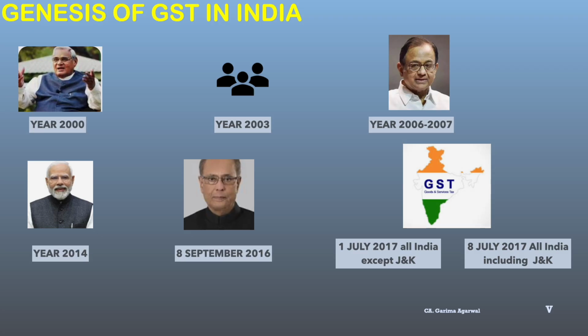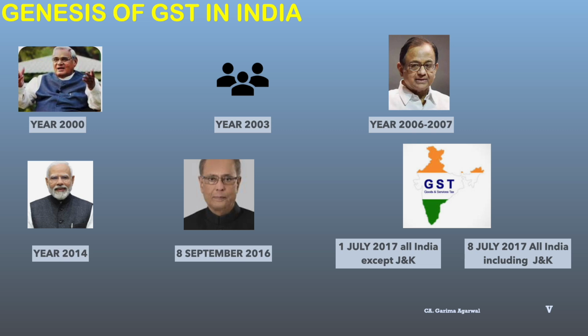So what do you mean by fully integrated GST on a national basis? Basically, the task force meant that the GST should subsume multiple taxes. That means a single comprehensive GST that replaces numerous central and state taxes such as excise, service tax, VAT, etc. And there should be seamless input tax credit flow, ensuring that the credit for tax at each stage of the value chain is passed on, reducing the cascading effect.